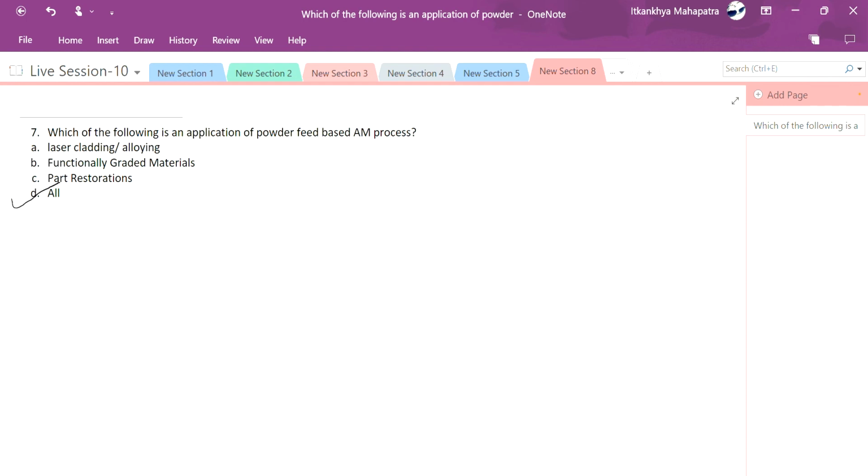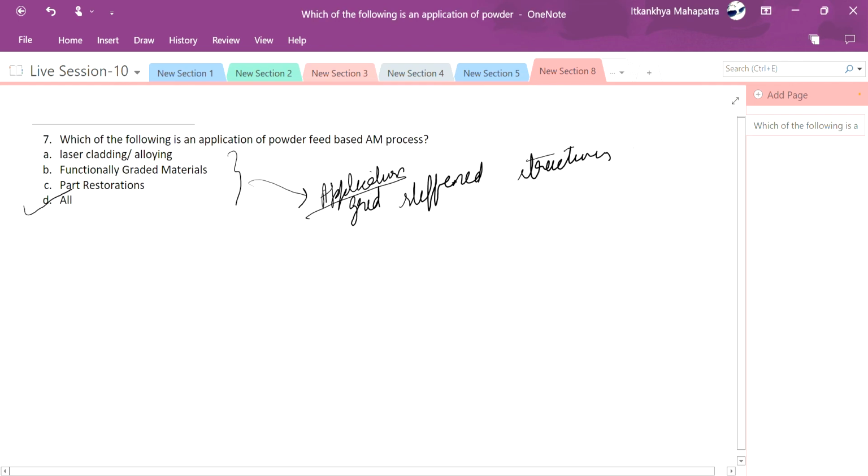They can be used for manufacturing very large components, functional graded material, laser cladding, surface alloying, part restoration, and grid stiffened structures. So we'll briefly discuss each of these methods.